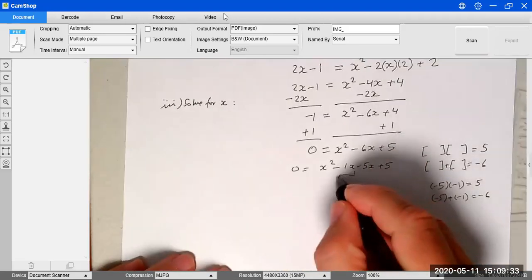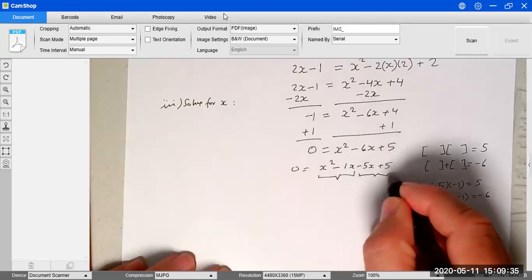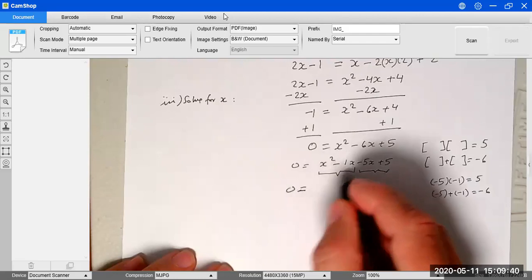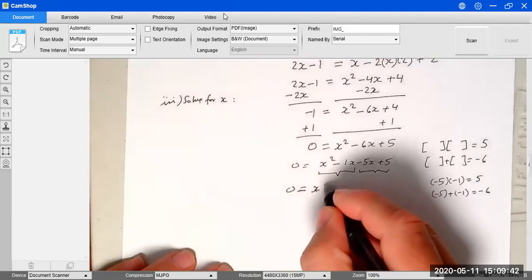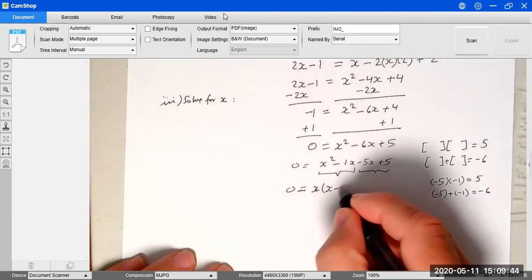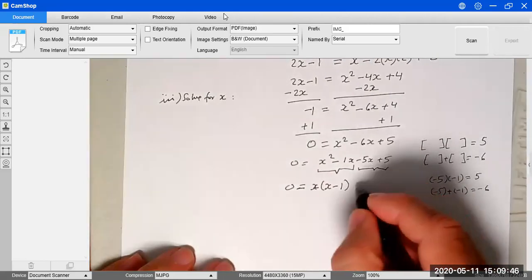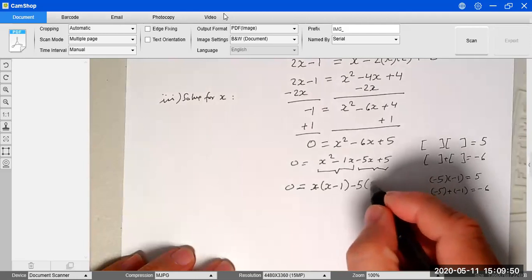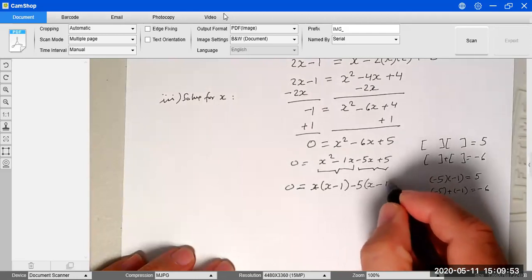So we do factoring by grouping. The greatest common factor of the first group is just x, that multiplies x minus 1. The greatest common factor of the second group is minus 5, that multiplies x minus 1.